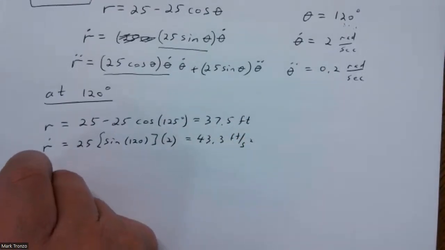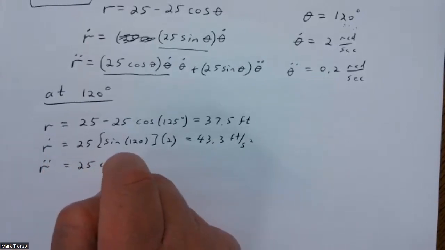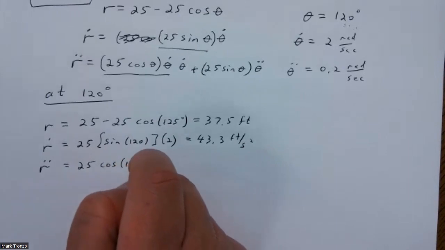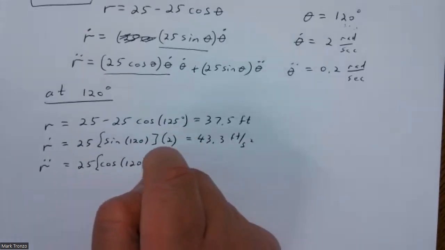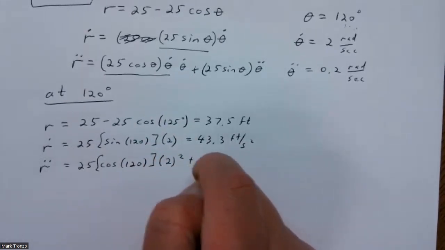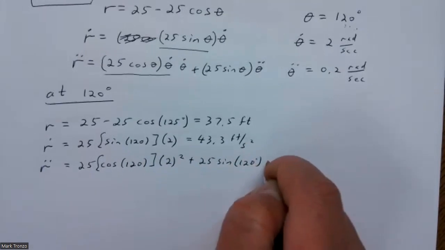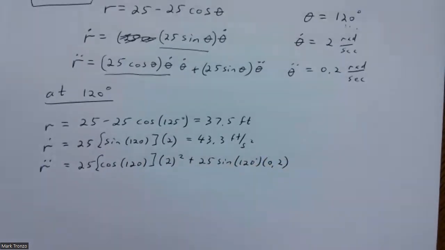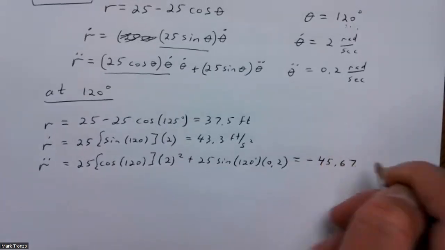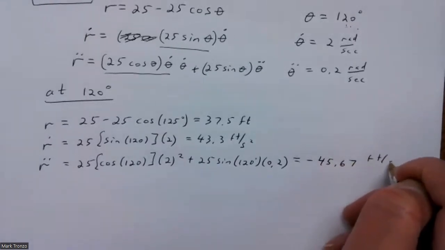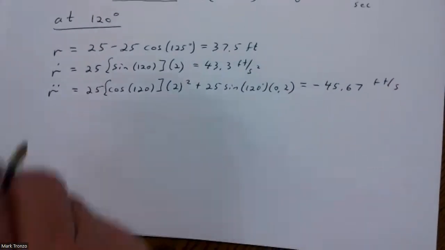R double dot is 25 cos 120, and then this was actually theta dot squared, so I'll just put 2 squared here, plus 25 sine 120 times 0.2. And when you calculate that, that's minus 45.67 feet per second squared.